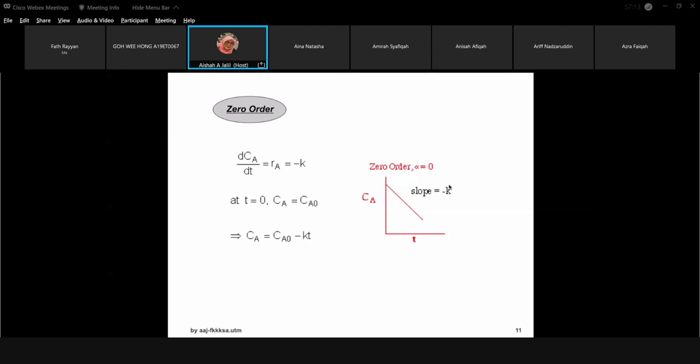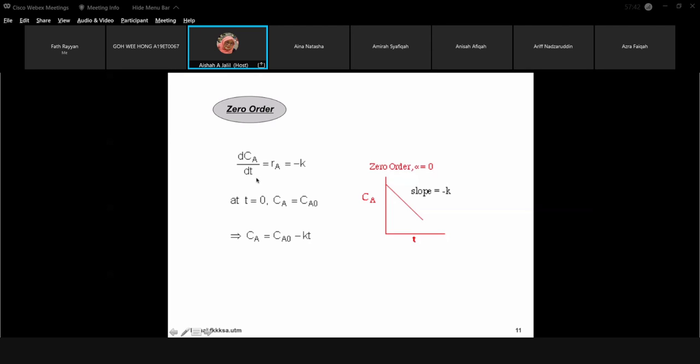First order, second order, and zero order. This is just a gamble, you play with time. When you assume the data given in the question is zero order, you just go with the zero order graph. This is the zero order graph.